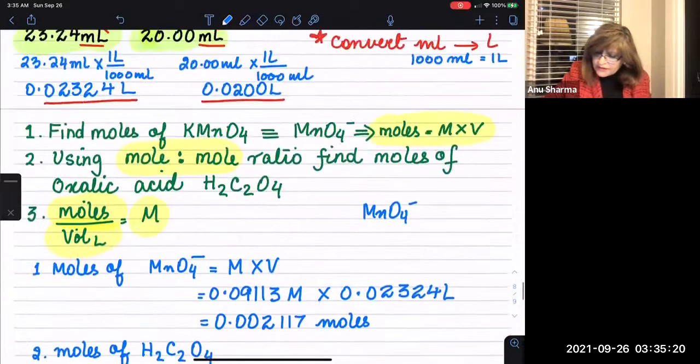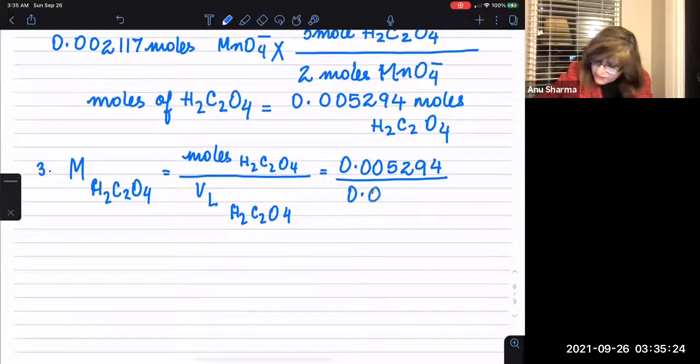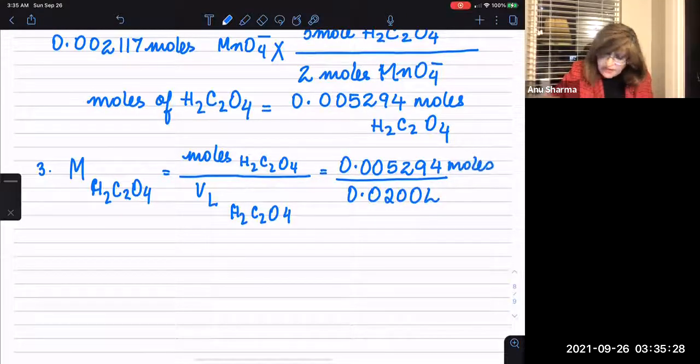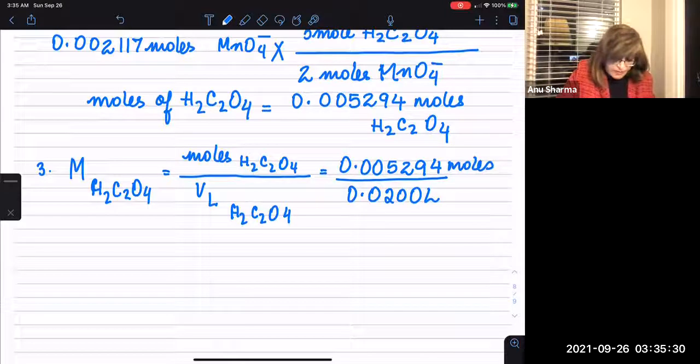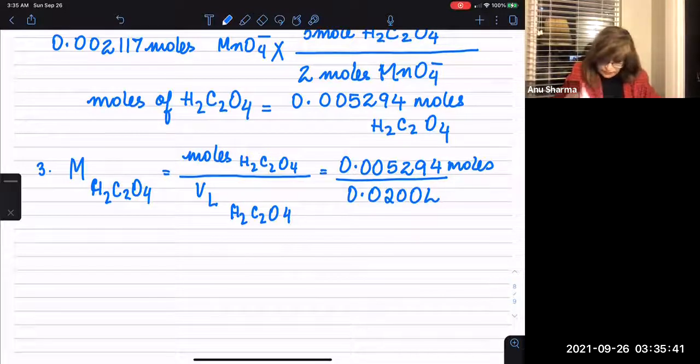We converted it to 0.0200 liters, and let's divide by 0.020 liters, and that gives you 0.2647, so 0.26.